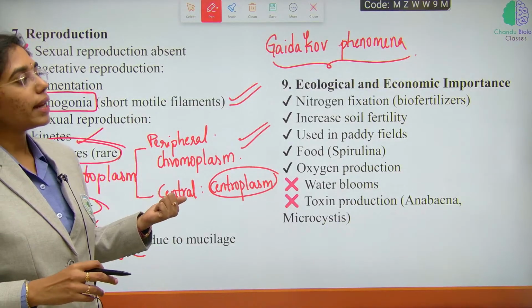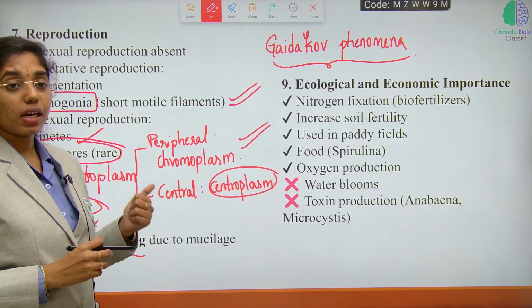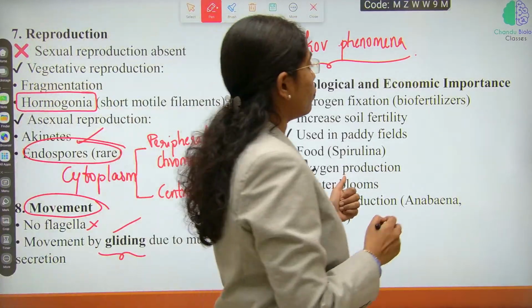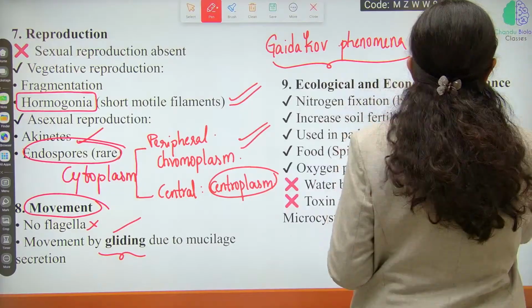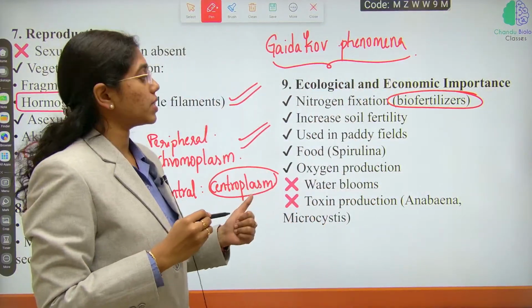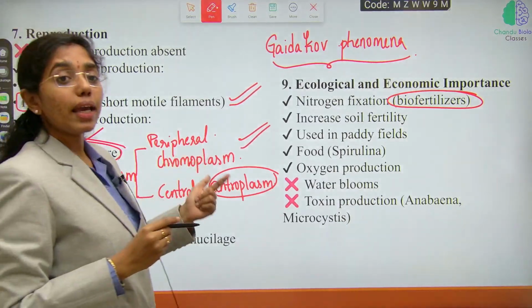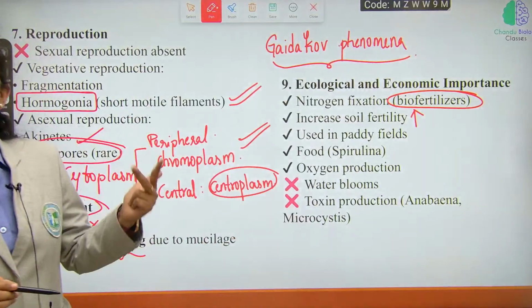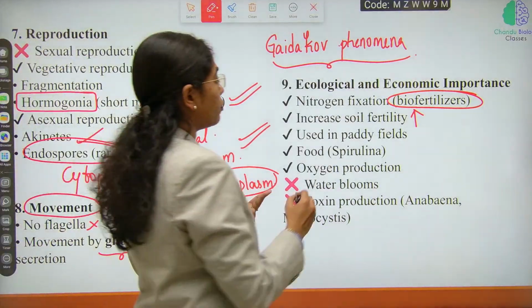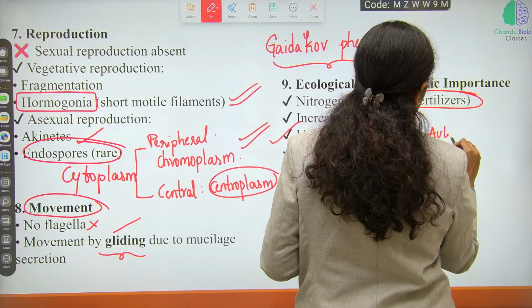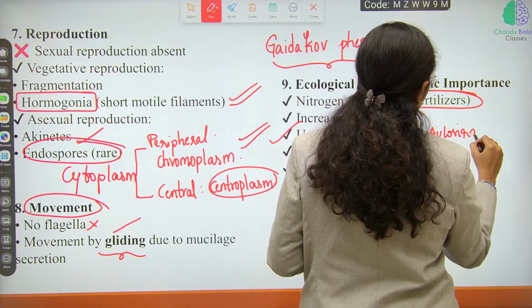Ecological and economic importance. First major importance is that it is used as a biofertilizer, majorly for nitrogen fixation. Second, it will increase soil fertility. Third, it is used in paddy fields, especially Aulosira and Oscillatoria.